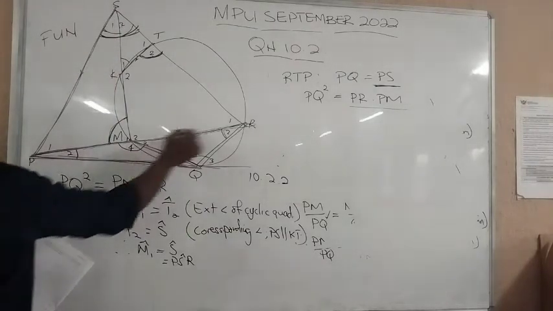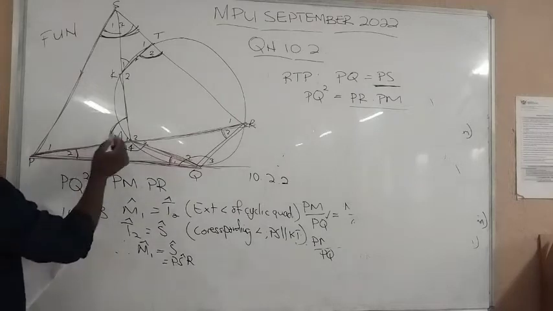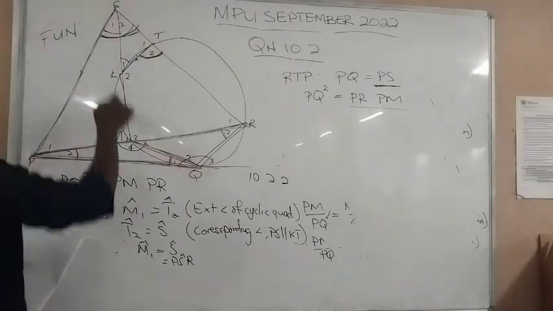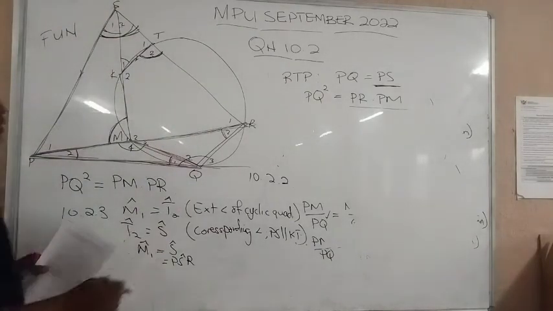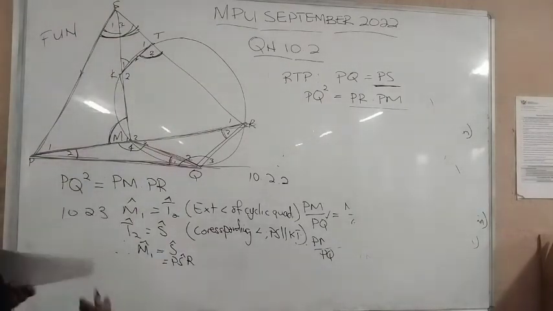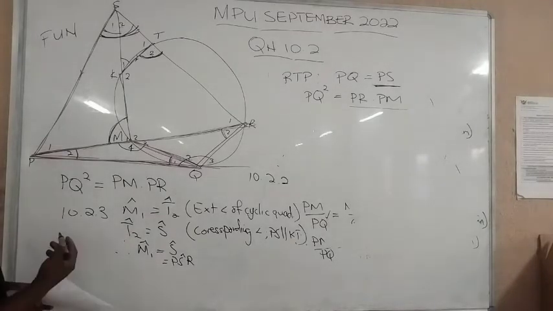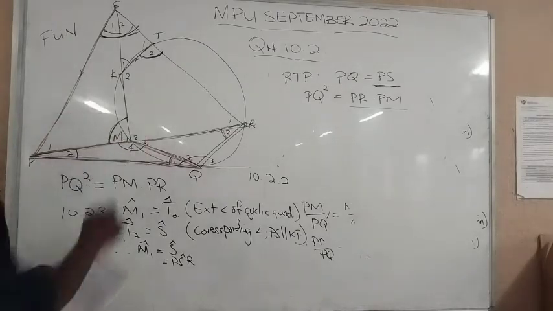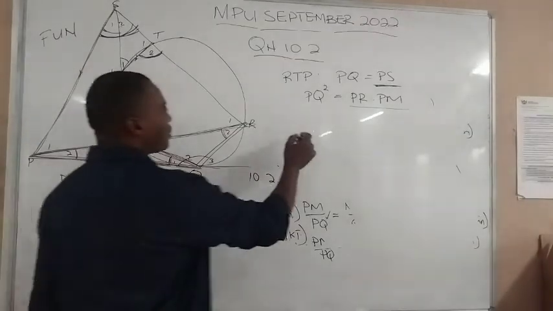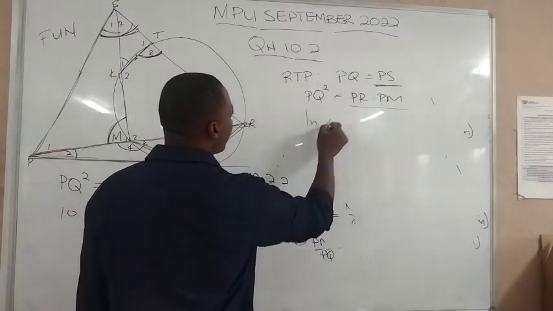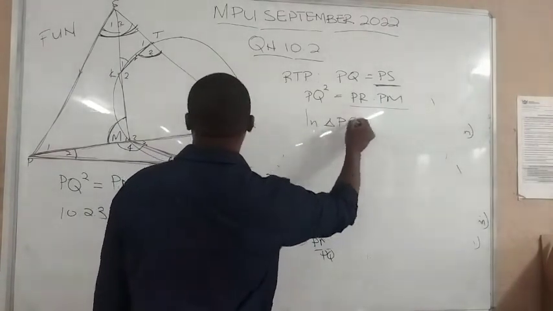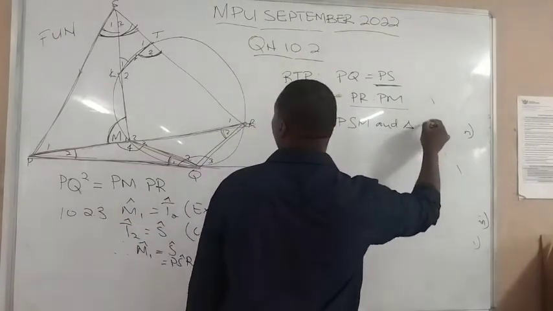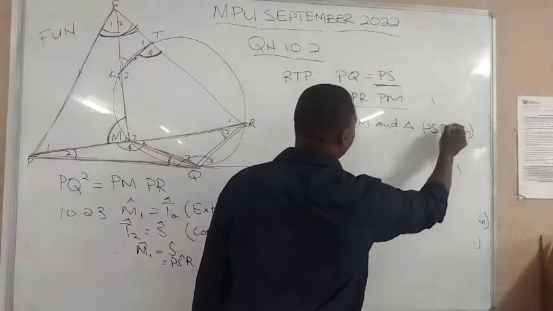And if we check on this, it's just basically talking about the two triangles, PSM and PSR. So if we try to establish the similarity of these triangles, that's when we'll get our PS in terms of PM and PR. So we are saying in triangle PSM and triangle PSR.